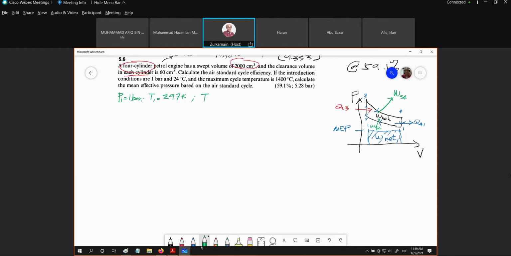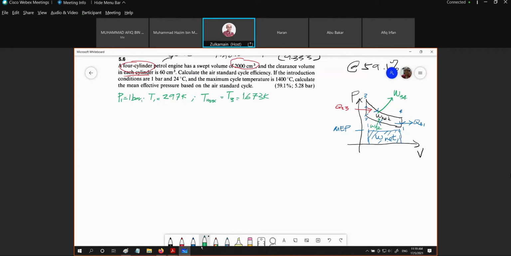So the T max in this case should be equal to T3, given as 1400, which is equivalent to 1673 Kelvin. Everything should be converted to Kelvin because we might use the ideal gas equation of state, PV equals mRT.